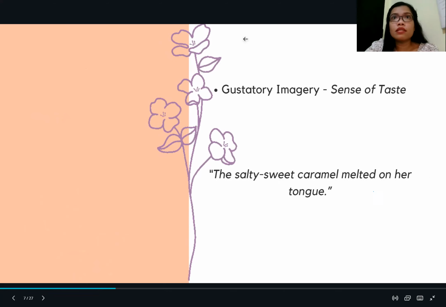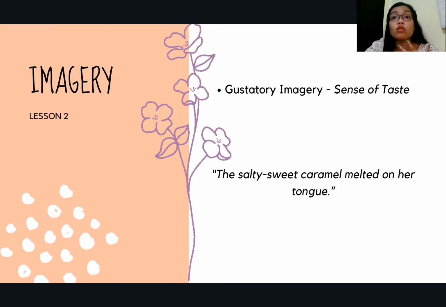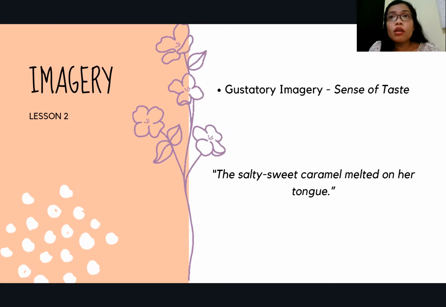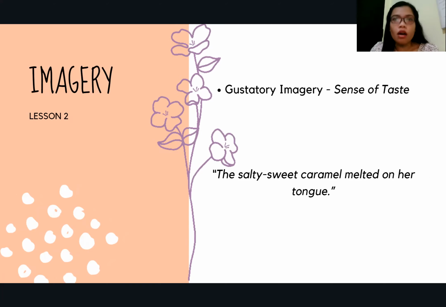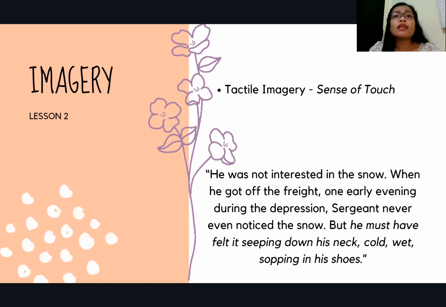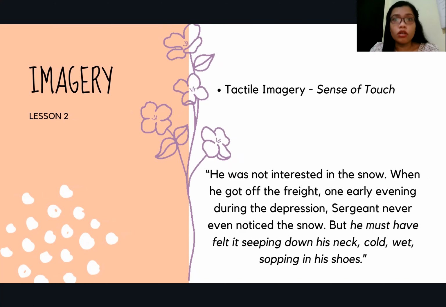The next is the gustatory imagery that deals with the sense of taste. So here you have the salty sweet caramel melted on her tongue. Next is the tactile imagery, that is the sense of touch.